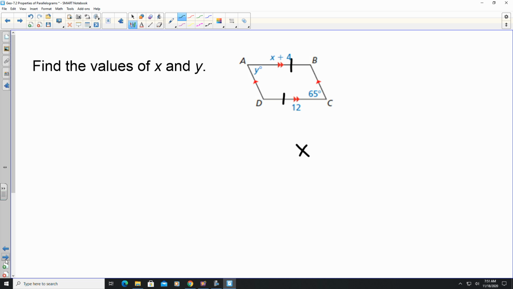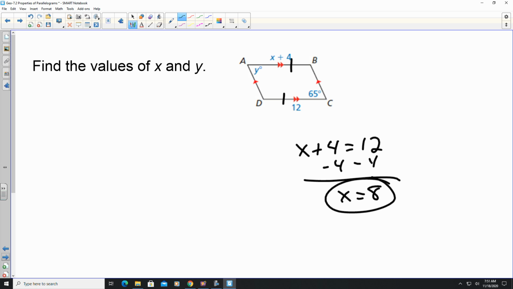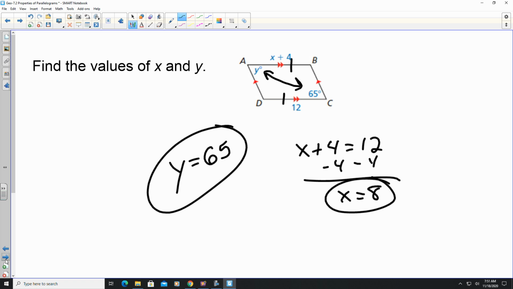So to find x, you're just going to take x plus 4, set equal to 12, subtracting 4 from both sides, x would equal 8. To find y, we know that the opposite interior angles are going to be congruent. Since angle C is 65, that means angle A is also going to be 65, which means y is also going to be 65.